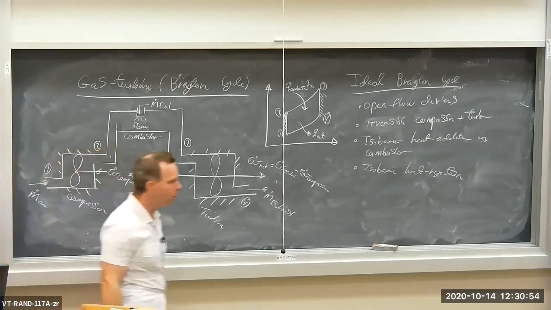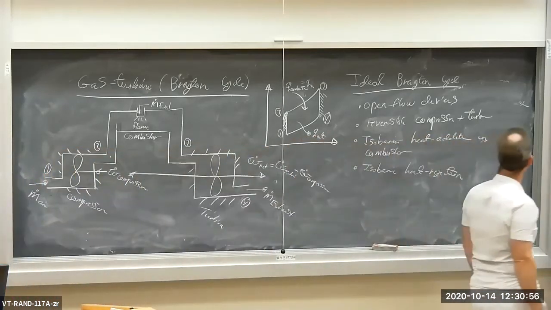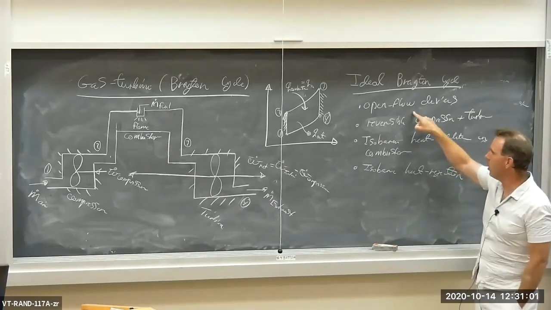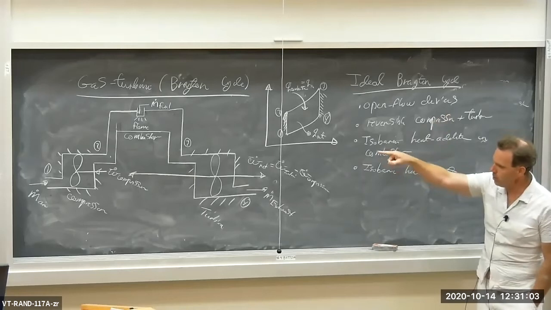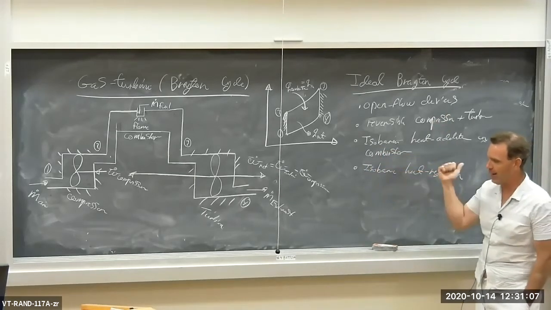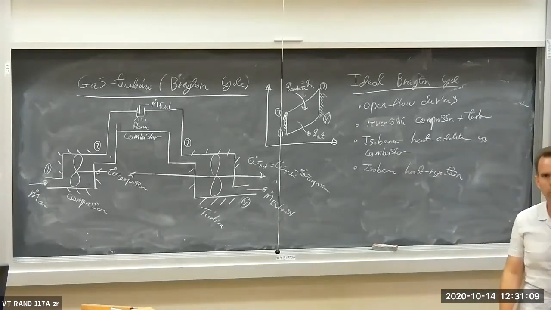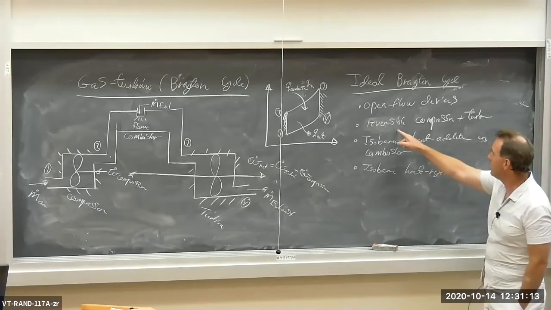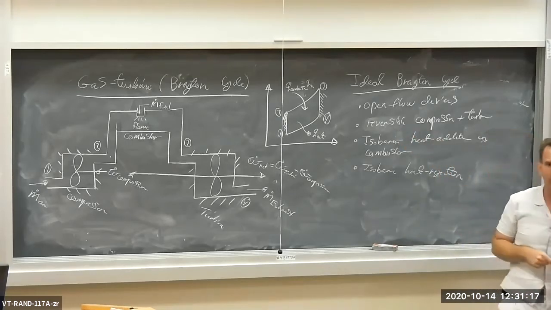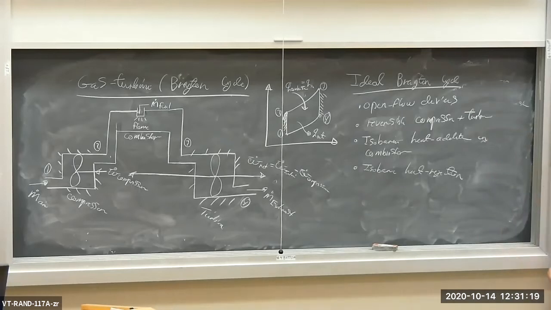So let's go over the characteristics of the ideal Brayton cycle one more time. It uses a combination of open flow devices, compressor, combustor, and turbine. The turbine drives the compressor, and the net work is W dot turbine minus W dot compressor, or W dot net. If this is an ideal Brayton cycle, the compressor and turbine operate reversibly as well as adiabatically.